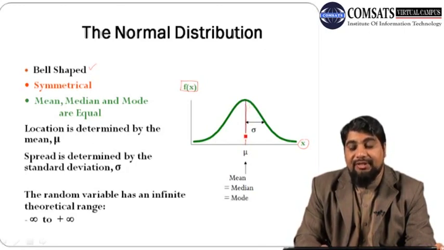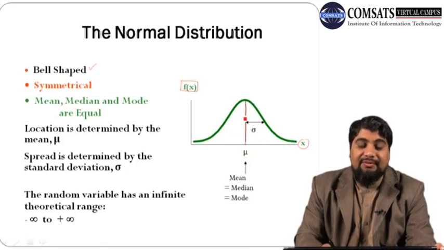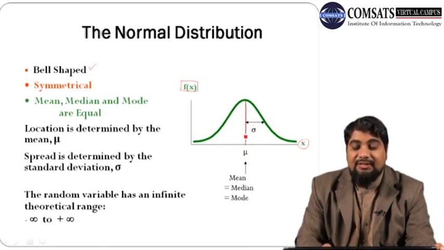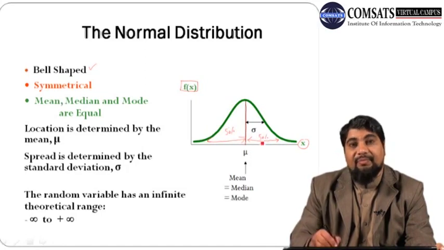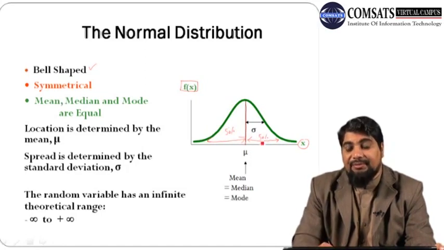On the left-hand side of the middle line we have 50% of the area, and similarly the area to the right side of the middle line is the remaining 50%.